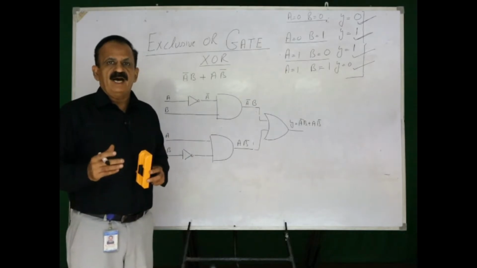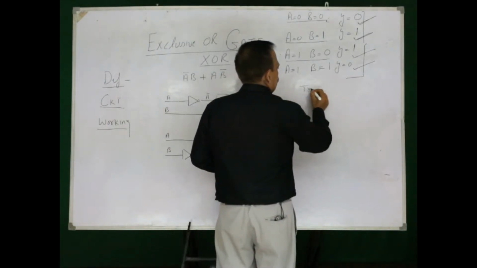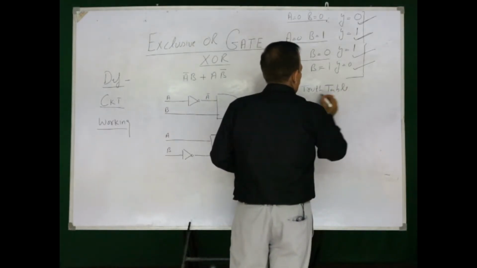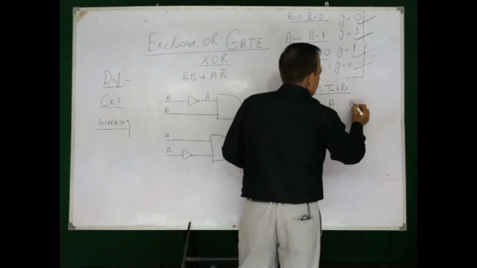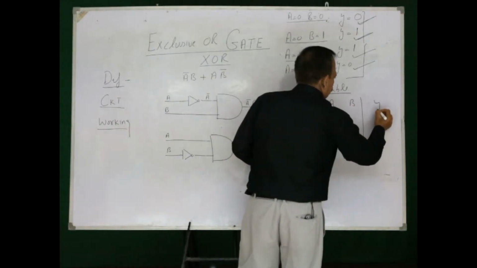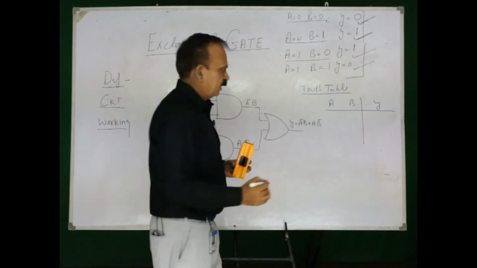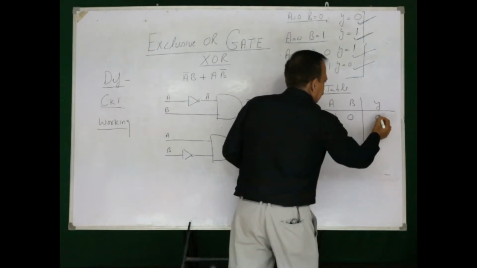A logical circuit with one output, two or more inputs, the output is high when number of high inputs are odd. Truth table. Again and again we gave the definition of truth table, that is the table showing all input output combinations A, B and Y. When both are 0, the value of y is 0.